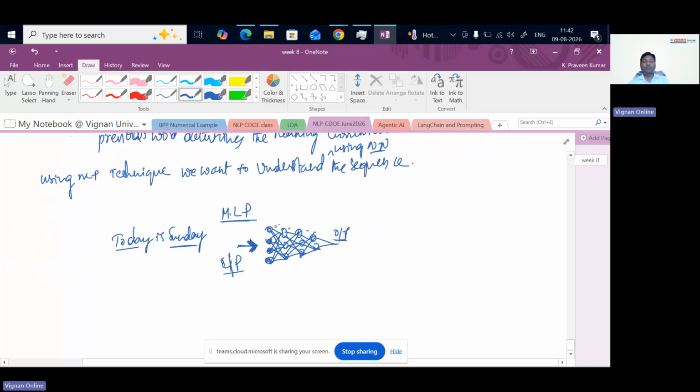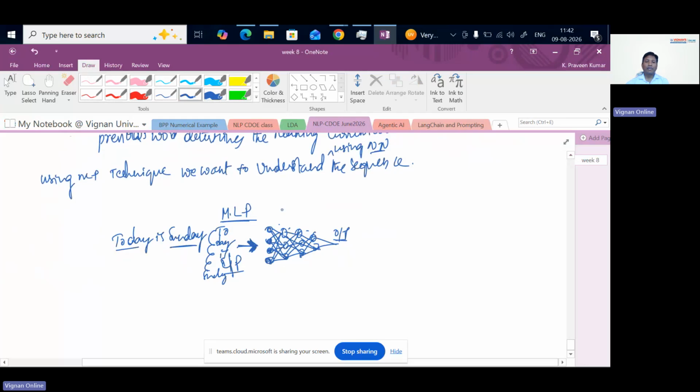So suppose I pass this to this network separately: today separately, is separately, and Sunday separately. If there is no proper relation among these things in the sequence, and it is not understood, then it is not going to give a big meaning for us, right?